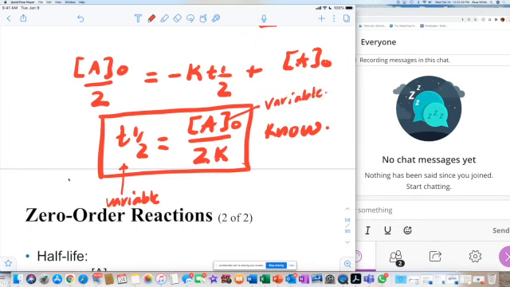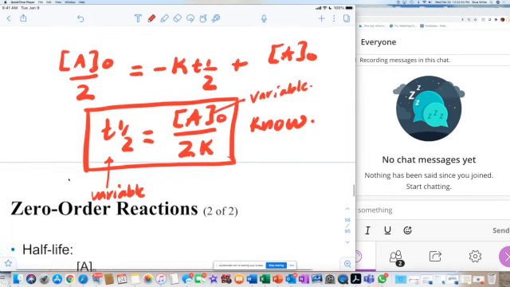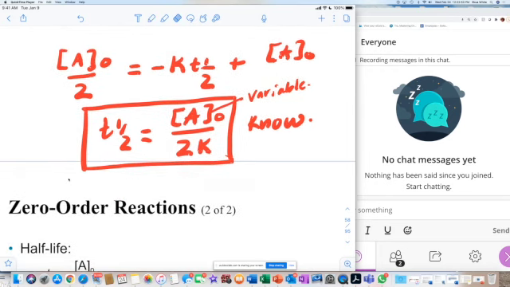And since A naught, that's just the initial concentration, is in the equation here, you can just say, to keep this simple, the concentration of A, in this number here, and the bottom number, K, influence T1/2. How do I know that? Because they're in the equation. Any symbol not showing up in the equation right now does not influence the half-life.